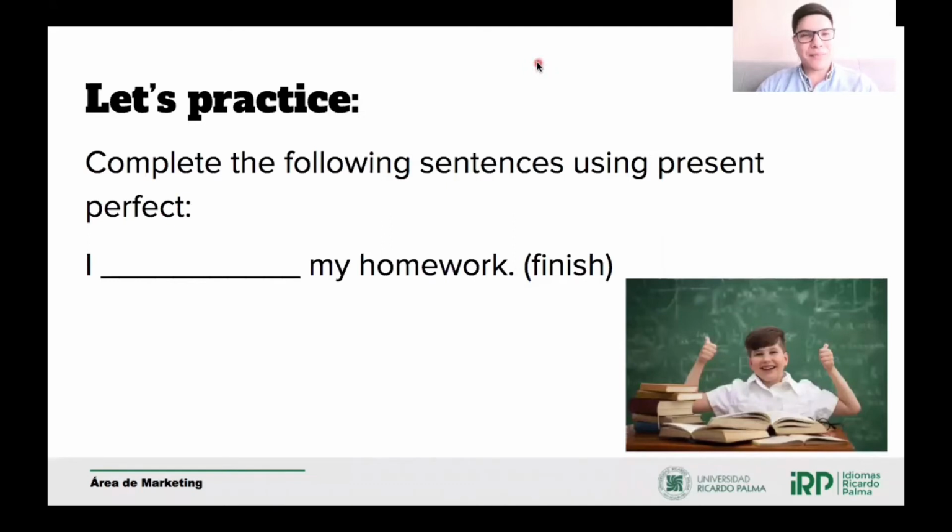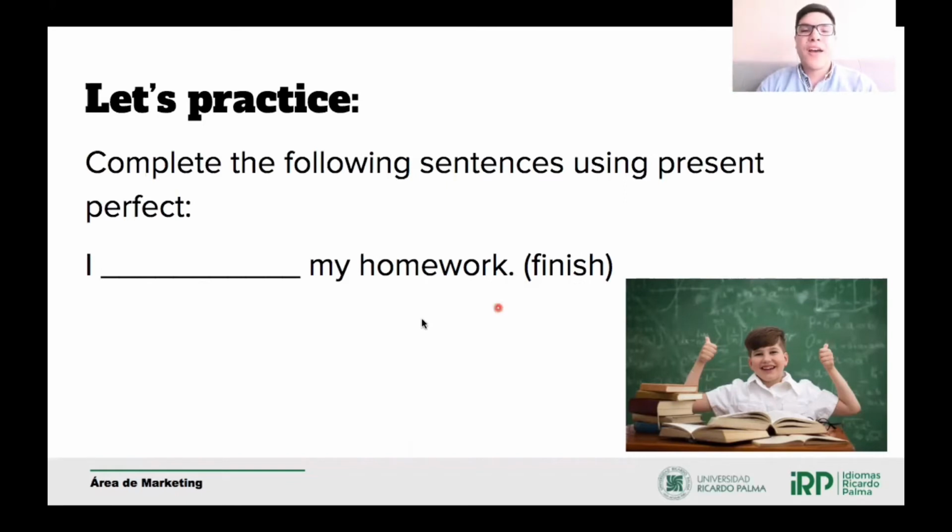Now let's practice a little bit. We're going to complete the following sentences using present perfect. Look at this boy. He's very happy. In my case, let's imagine this is me. So I can say, I blank my homework. And we have the word finish. So what can we use in this case?